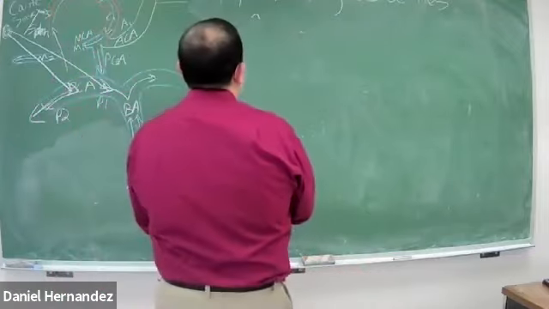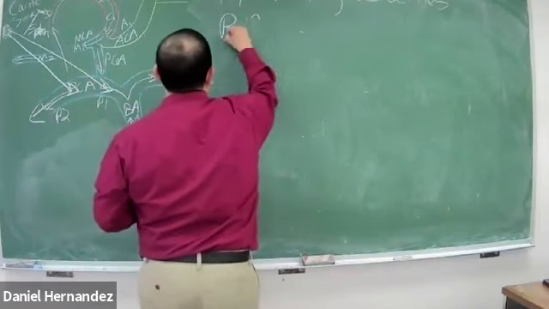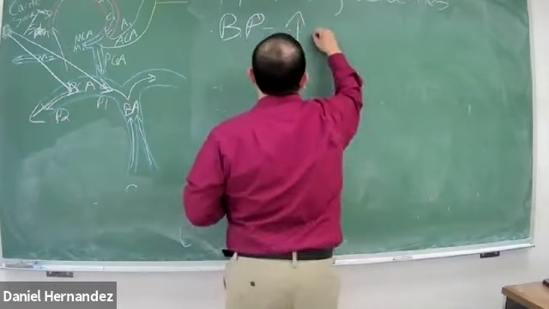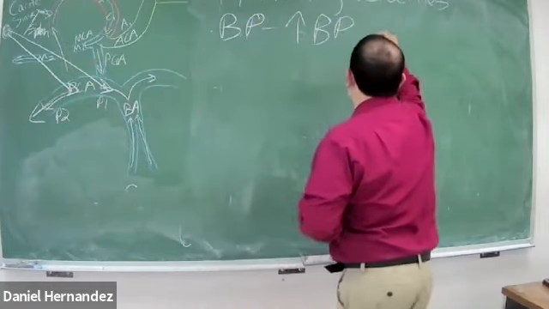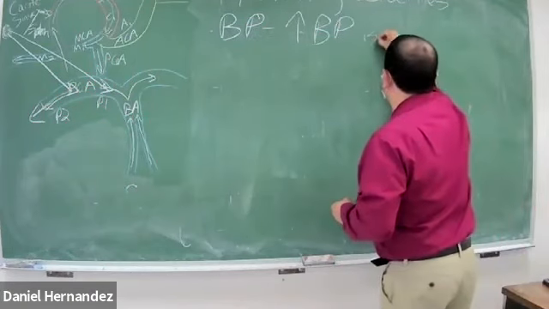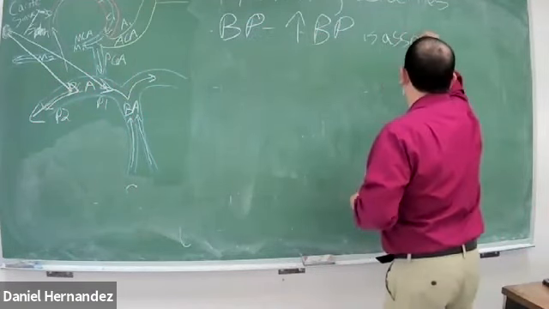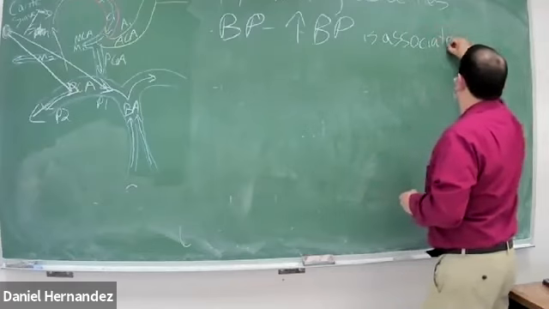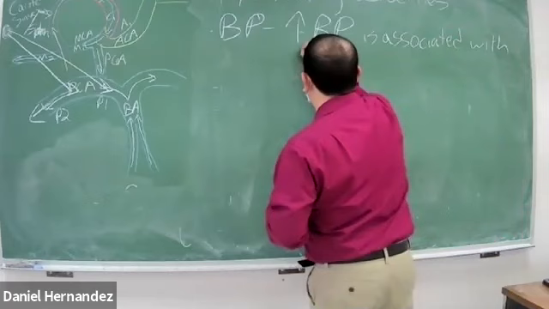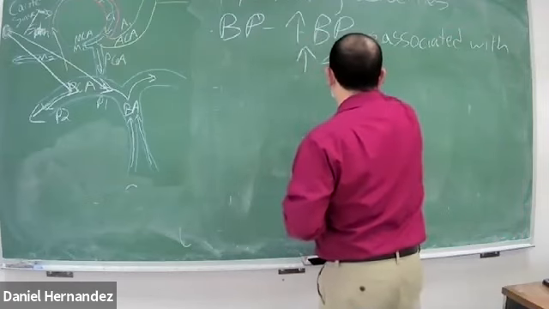Other things that can affect blood flow velocities would be our blood pressure, BP. Increased BP is associated with increased systolic velocities.